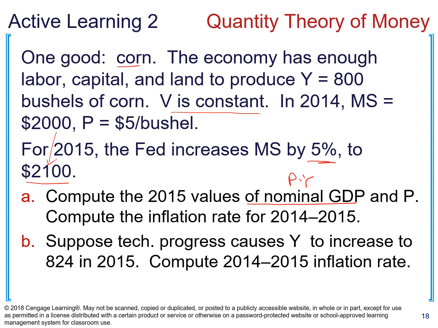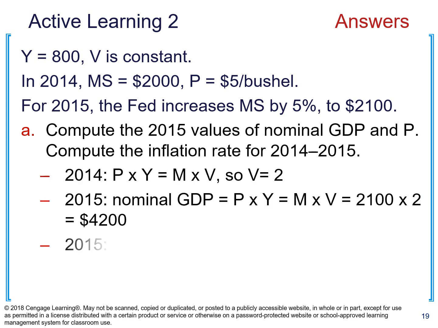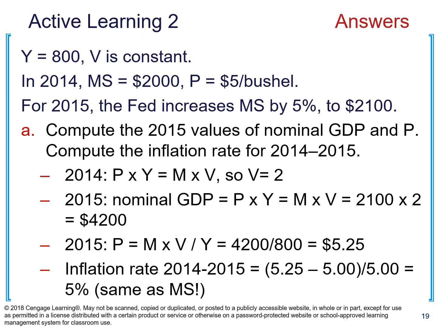Now, national income, real GDP, because of technological progress, increases to 824 from 800, and then we can compute the inflation rate. We are going to use again MV equals P times Y. Here this is nominal GDP.